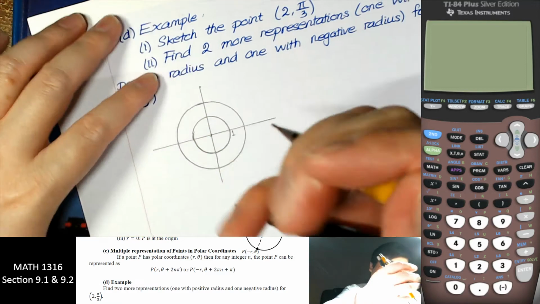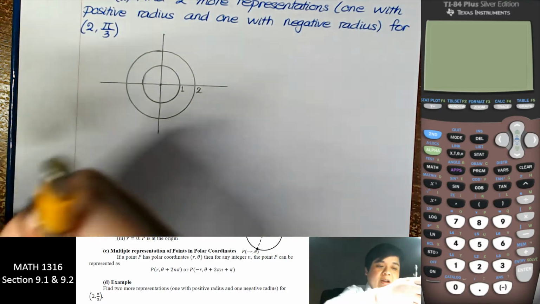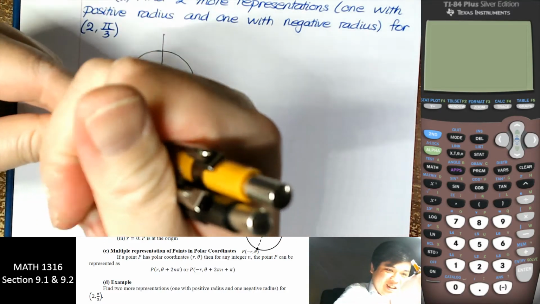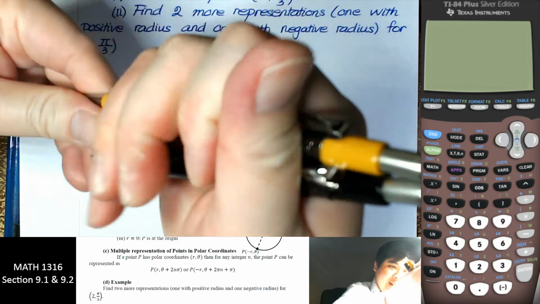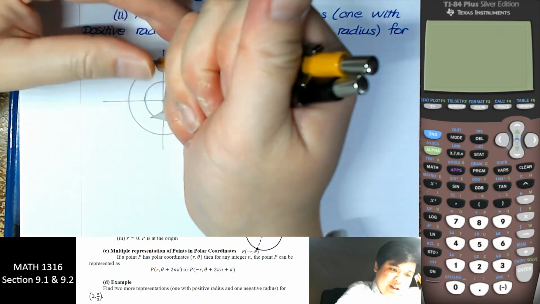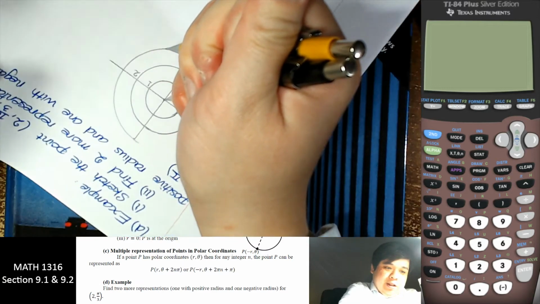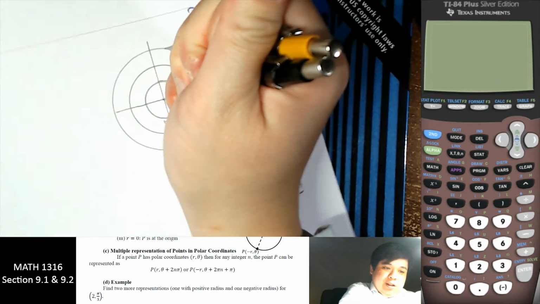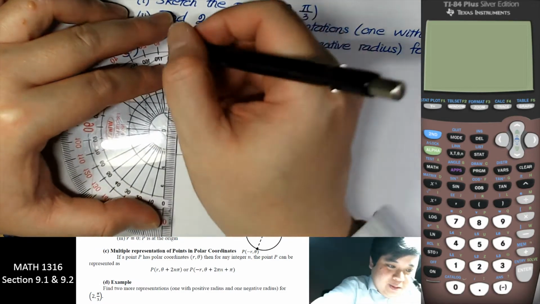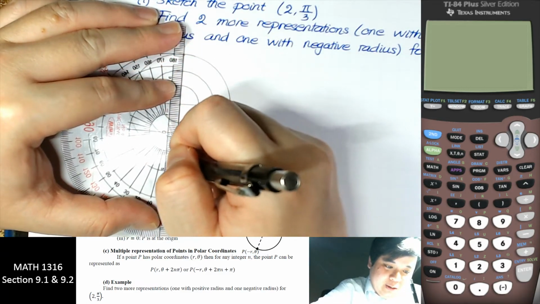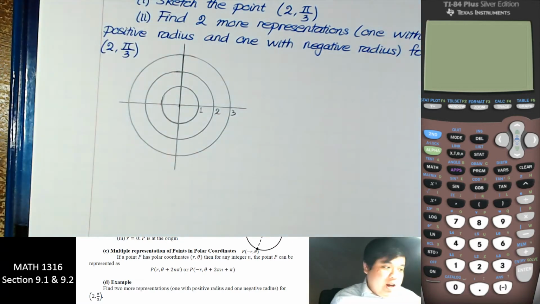And this is radius 2. Let's do one more. Right, steady hand. So we have concentric circles of radius 1, 2, and 3. Of course, we can do more or less.